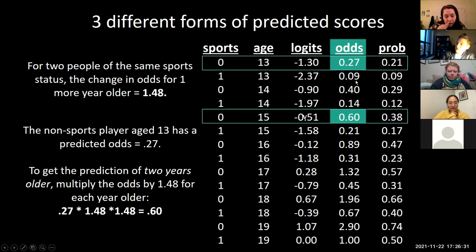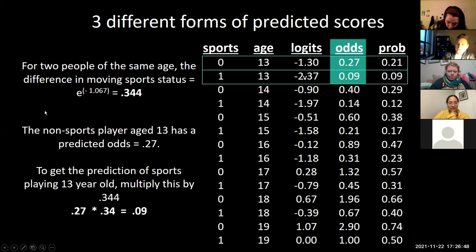So this is times 1.48 times 1.48. We have to do it twice to go up to 0.60. Okay, I just wanted to show you how this works. And you can play with this if you want to see how the log odds, the logits, and the odds ratios change as you move through all of these predictions.